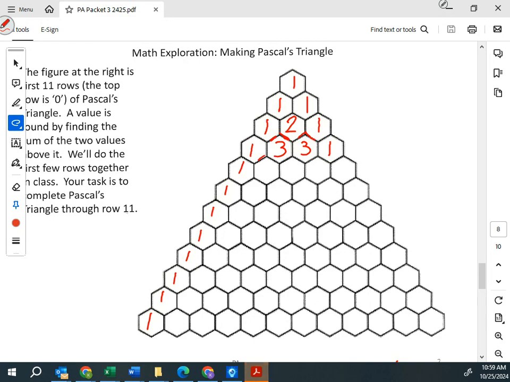Then you're just going to go in and say 1 plus 3, I'm going to put here. 3 plus 3, I'll put here. 3 plus 1, I'll put here. I said 1s all on the outside. So 1 plus 3 is 4. 3 plus 3 is 6. 3 plus 1 is 4.